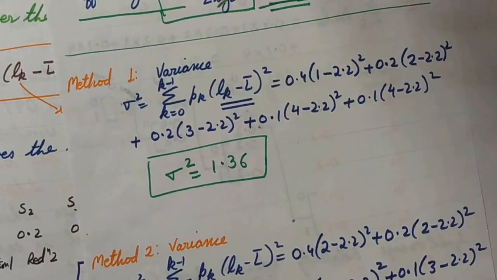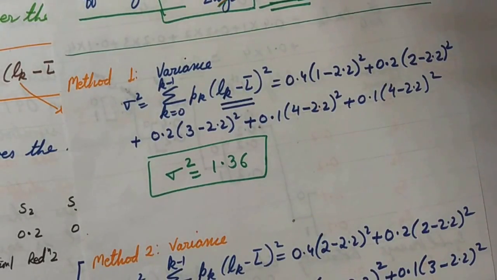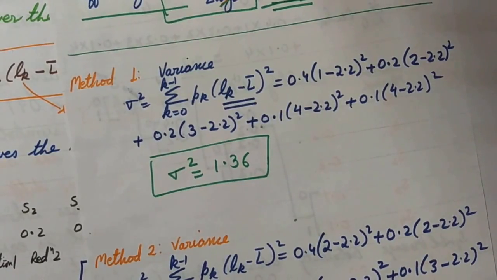Now if I calculate this on the calculator, I get the variance as 0.16.